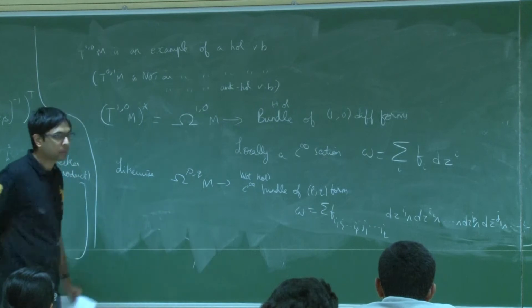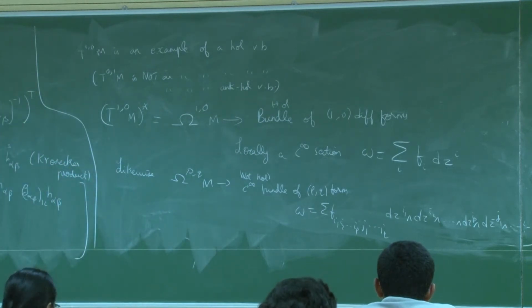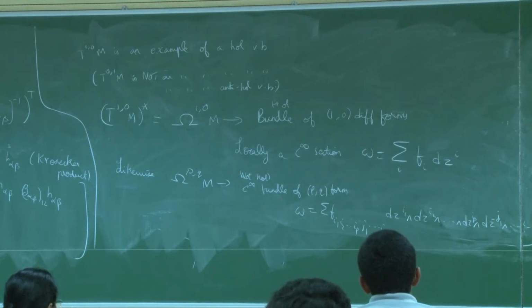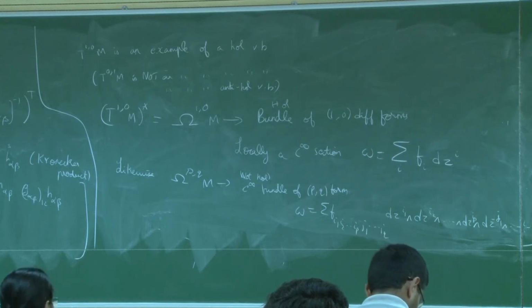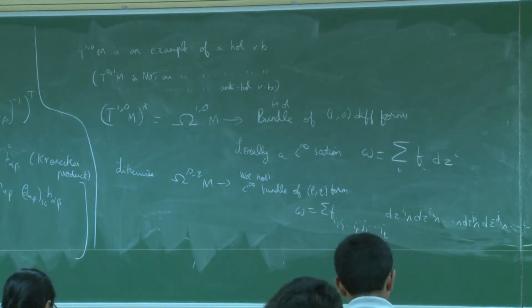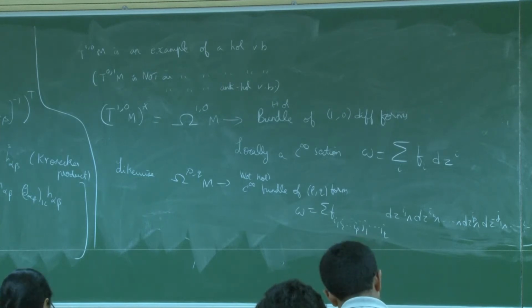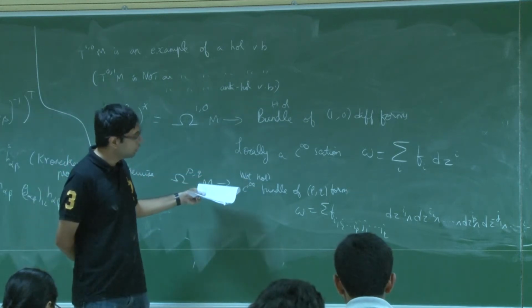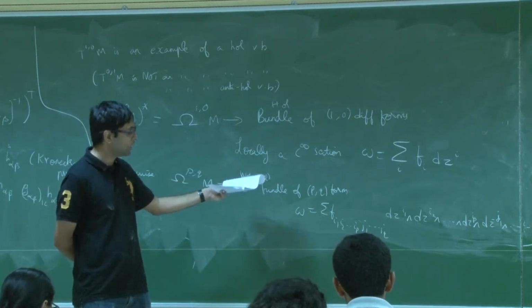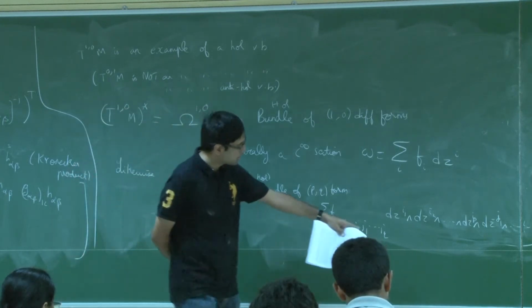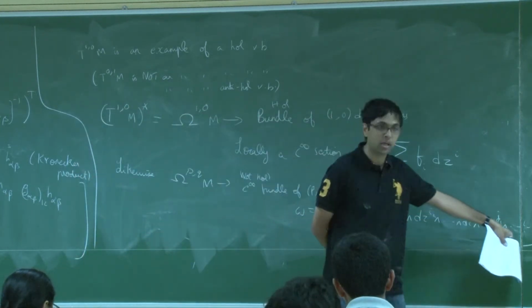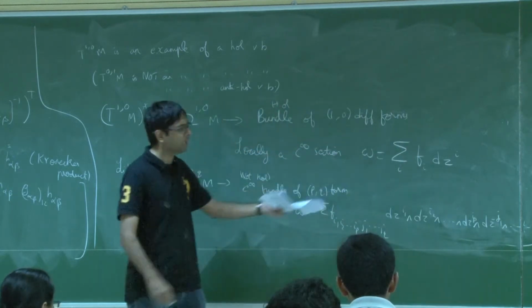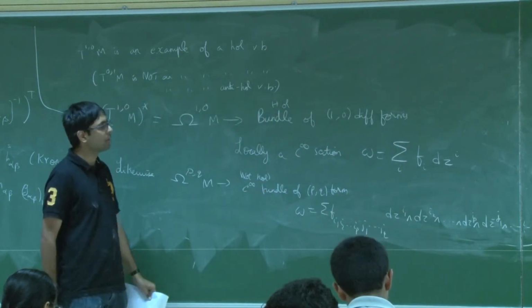Okay? If this is the first time you're seeing differential forms, this can be a little tricky. But if that is the case, please feel free to come to me after this lecture. But this is not rocket science. It's just your usual differential forms. If you're familiar with them, at least in Rn, it's just a jazzed up version where you have z's and z bars. It's what you would expect when you have complex numbers. Right? You'll have z and z bars.